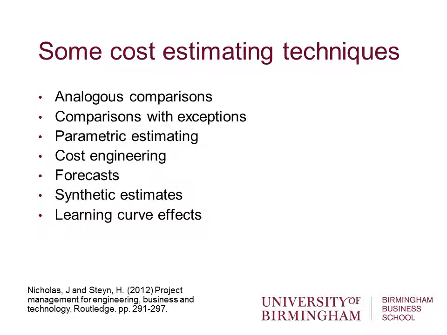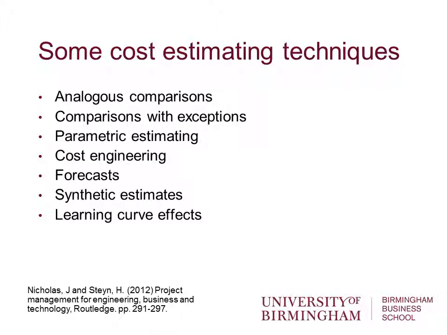Comparisons with exceptions, so maybe that hospital was built in a rural area and this one's going to be built in an urban area, so we may make some allowance for that. Parametric estimating, so building up project costs and time estimates from different elements of previous projects.